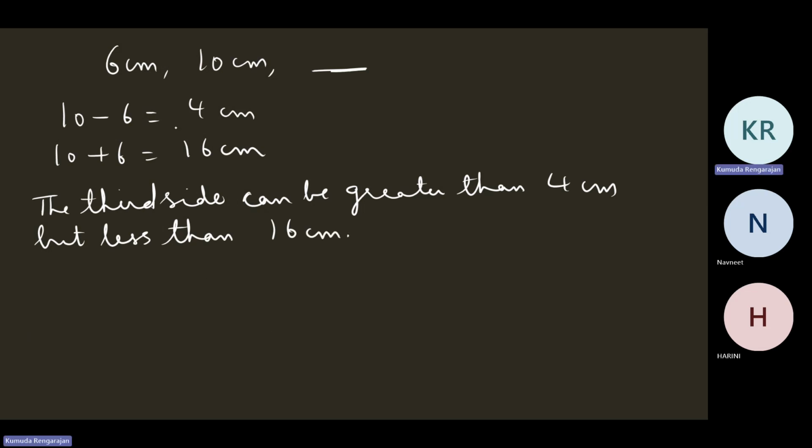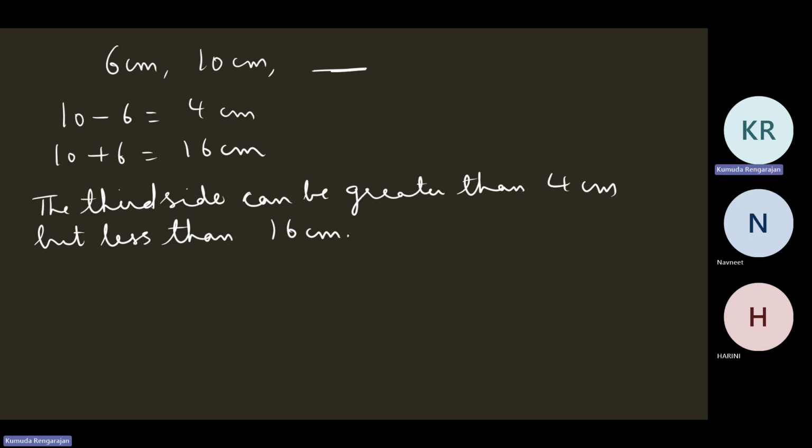If you take another line segment with 6 and 10 so that they form a triangle, its length can be anything more than 4 centimeters but less than 16 centimeters. It can be 4.1, 4.2, 4.3, 4.25, whatever, anything more than 4, but less than 16. It can be 15.9, 15.8.